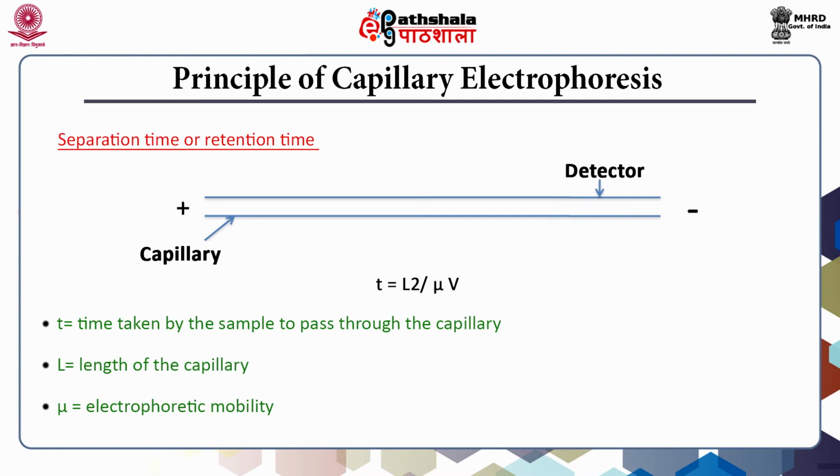It is clear from the equation that separation time will be more for lengthier tube. In contrast, higher voltage will reduce separation time. μ will also be different for different molecules, and therefore, different molecules will reach the detector at different times. This is how the mixture of molecules is separated in capillary gel electrophoresis.